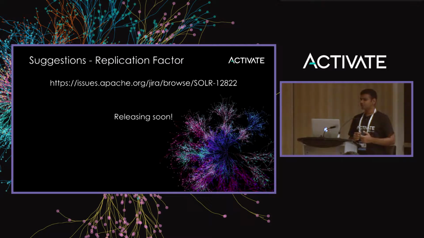The second suggestion which we added recently, so the next version of Solr will have it, is replication factor. So this is something where you start up a collection, you say, I want 3 replicas of a given collection, right? So every shard will have 3 replicas. What happens is maybe a host went down. So for the last day, you've been running off 2 replicas.